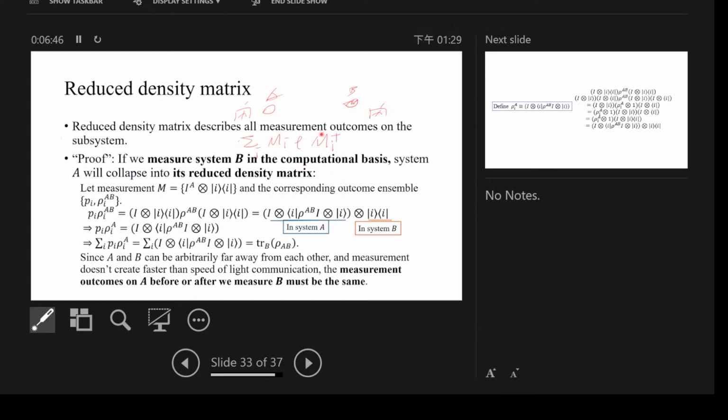So we're now talking about rho A. And the first thing we need to check is that this rho A describes all the measurement outcomes on system A. And yeah, we have a kind of proof sketch here.